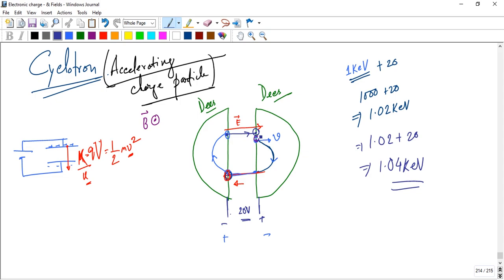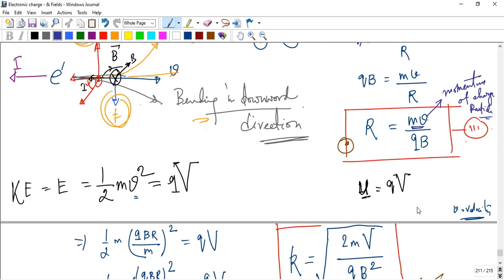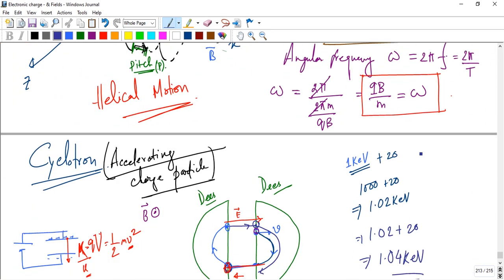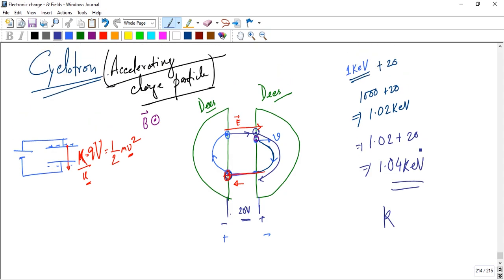Again the same formula, R equals mv by qB. The velocity is higher, so the radius will be higher, and the energy is obviously higher.